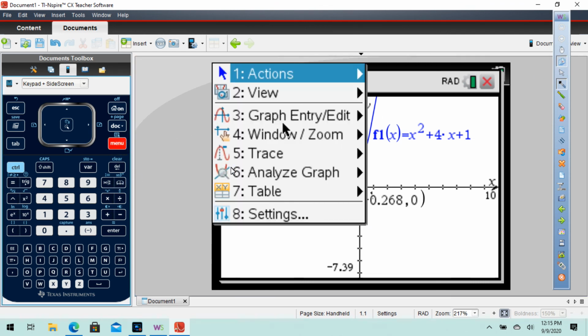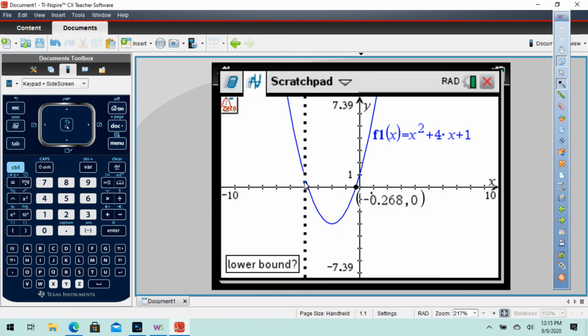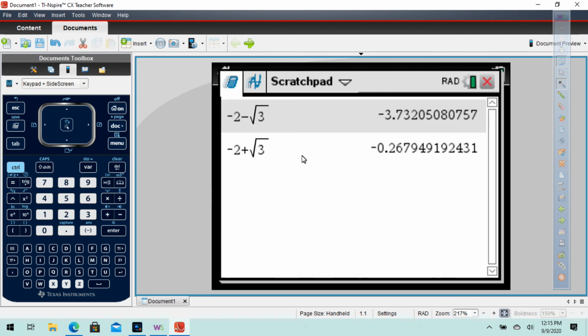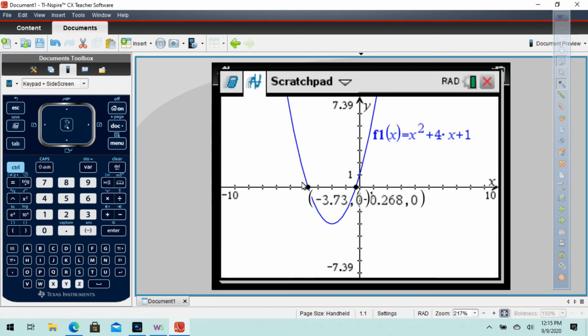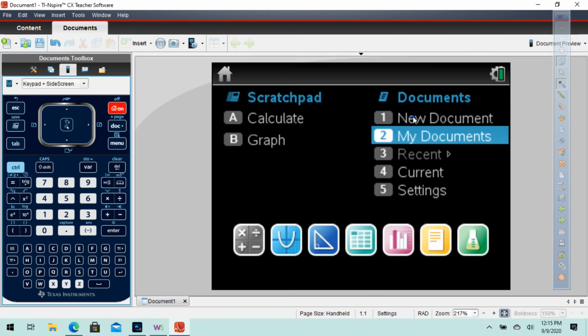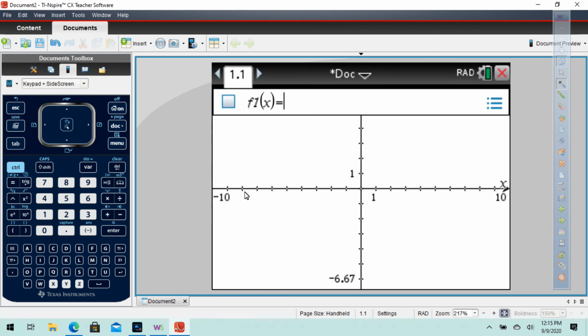Menu 6, 1, and -3.73. -3.73, -2.67, -2.68, rounded up. So that's what that looks like. Let's try the other one.